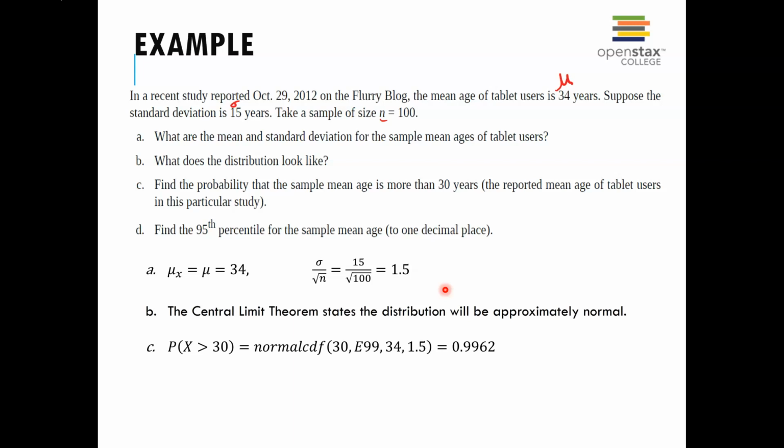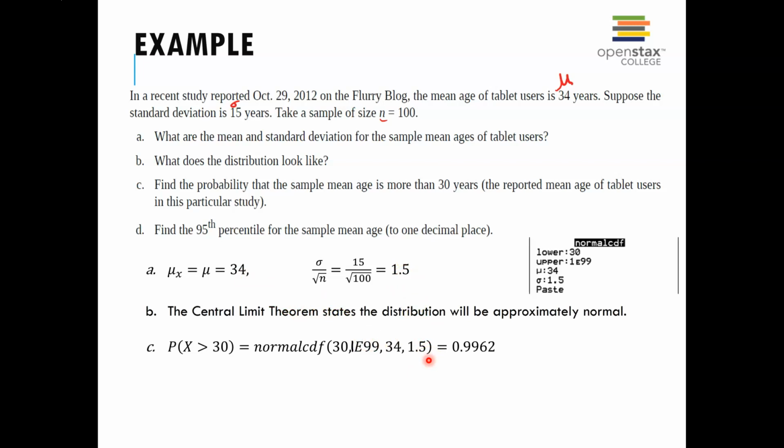All right, so if I want to find the probability that it's more than 30, then remember I'm going to use a normal CDF, and I'm going to give my lowest value, my highest value. Now we can't say infinity, so we say 1e99, and then our mean that we had from here, and our standard deviation that we had from here.